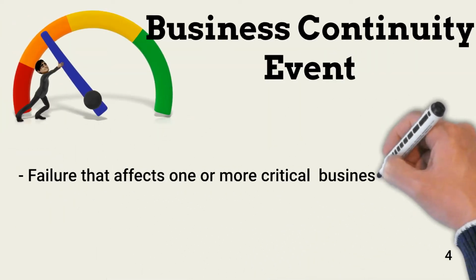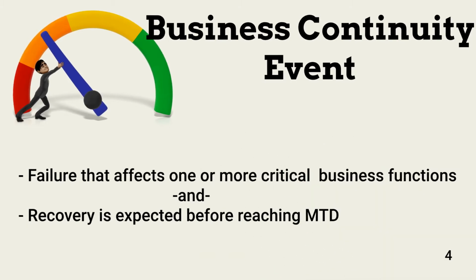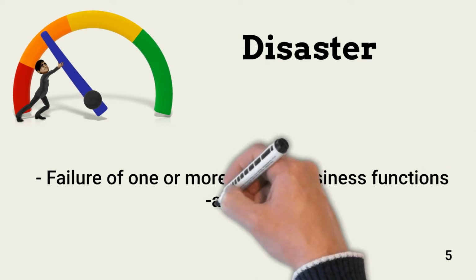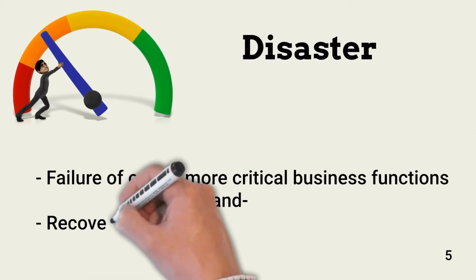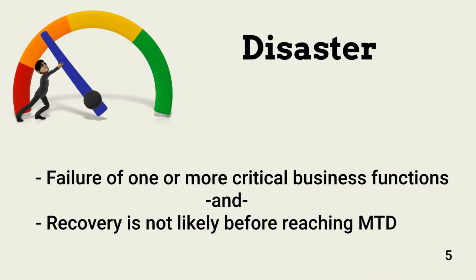A business continuity event is caused by a technology failure that may interrupt a critical business function. A disaster is a type of business continuity event. However, recovery from the failure may not be possible before reaching the maximum tolerable downtime of a business function or set of business functions.